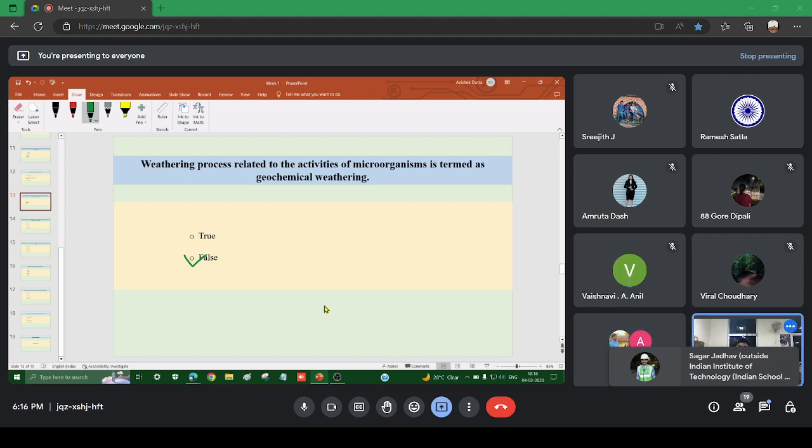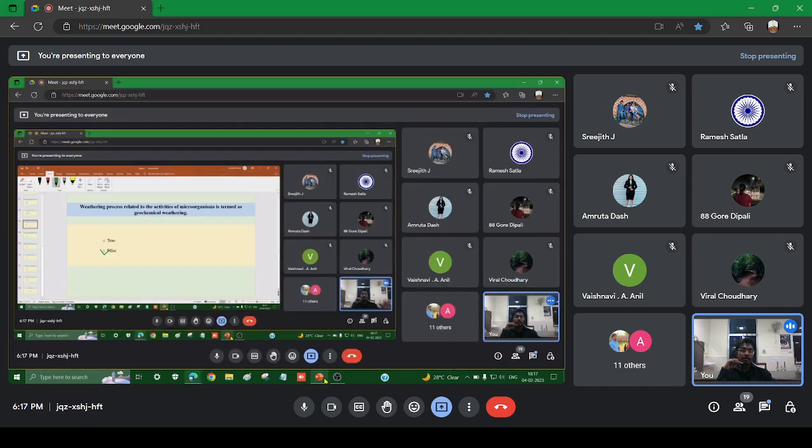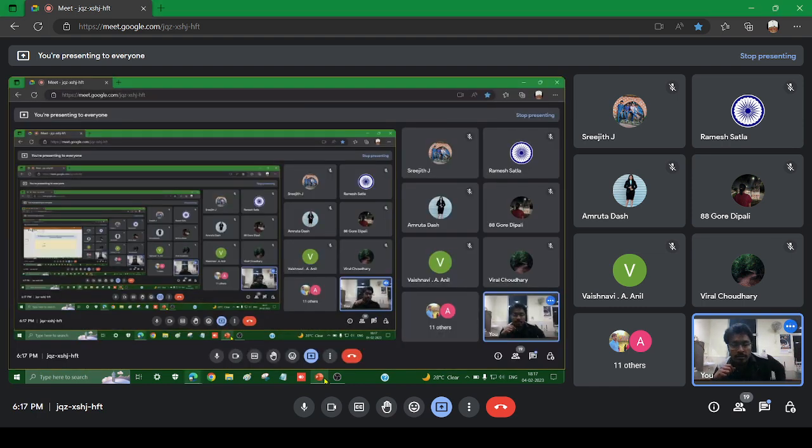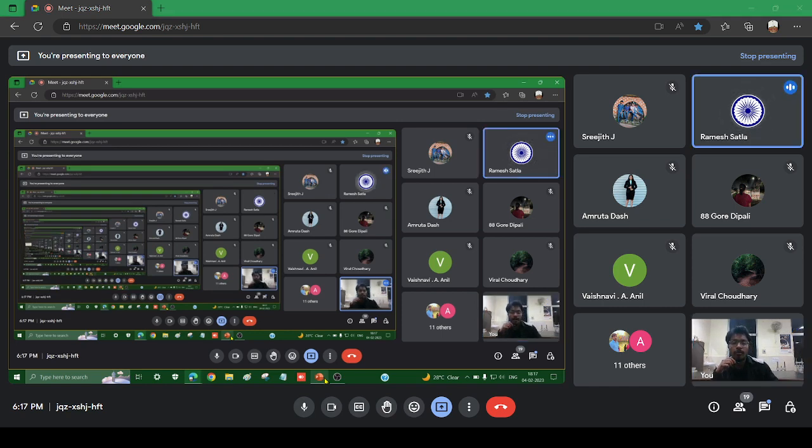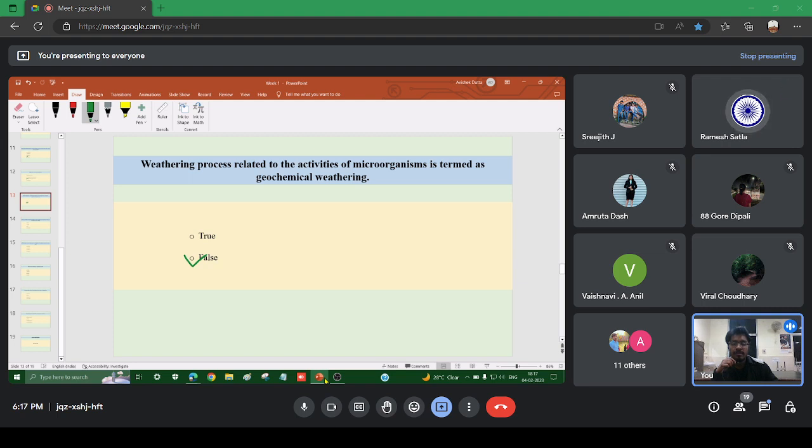Because weathering itself means disintegration of geological substances such as soil and rocks. Which particles get weathered? I think it is Ramesh, right? So when you say weathering or disintegration, what is the thing that is getting disintegrated, weathered?